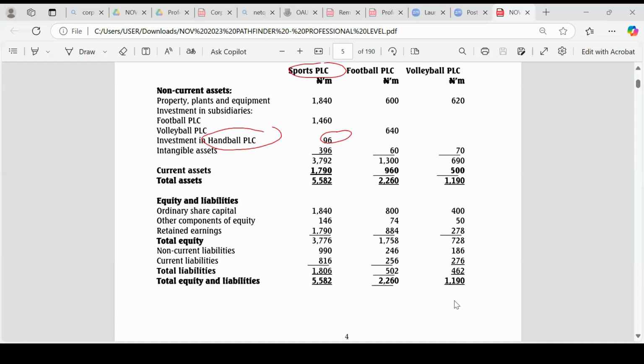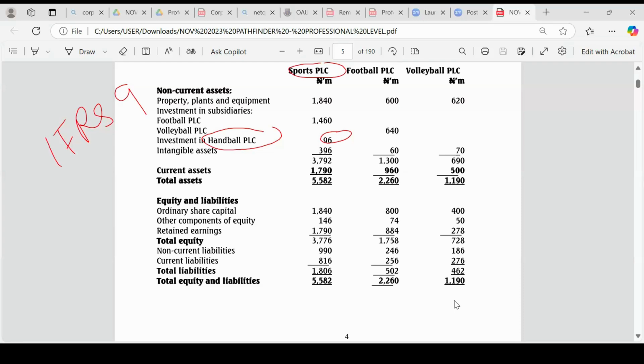Could it be associate investment? Could it be just an investment under IFRS 9, just an equity investment on the assets? So I'm just trying to make you get a feel of what your level of inquisition should look like when you're reading the questions.